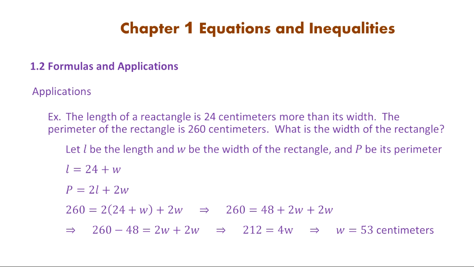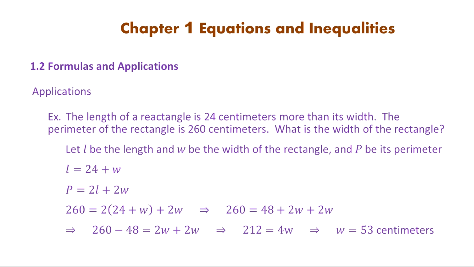Okay, then we can write down the information given in the problem as equations. The first sentence says the length of a rectangle is 24 centimeters more than its width. So we can write L, the length, is equal to 24 plus W. More than its width, so that's plus, isn't it?